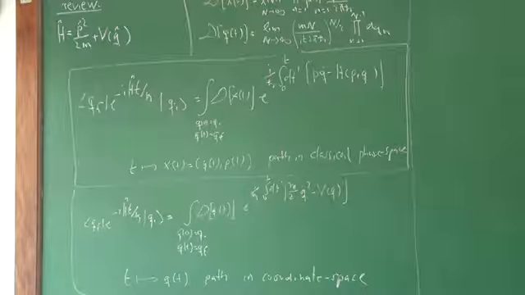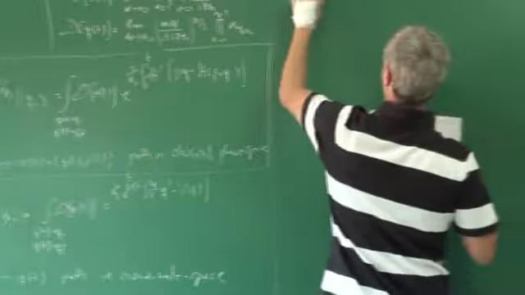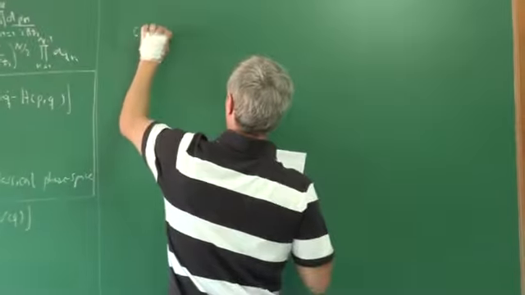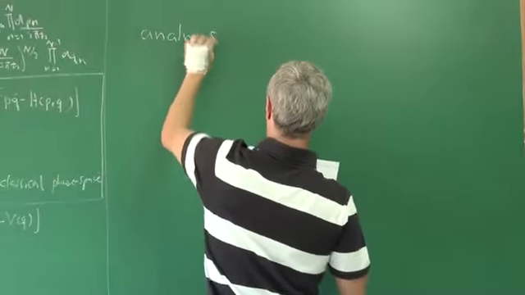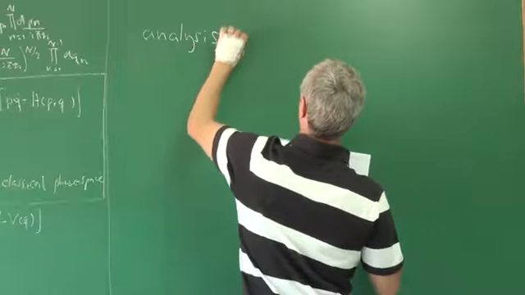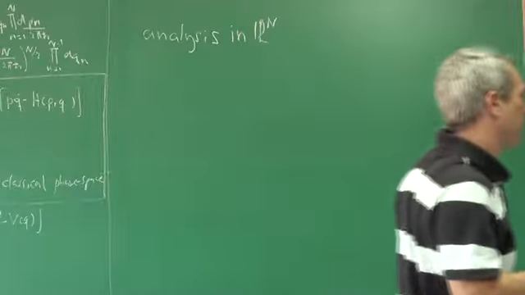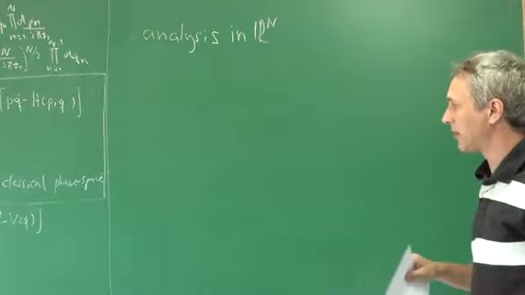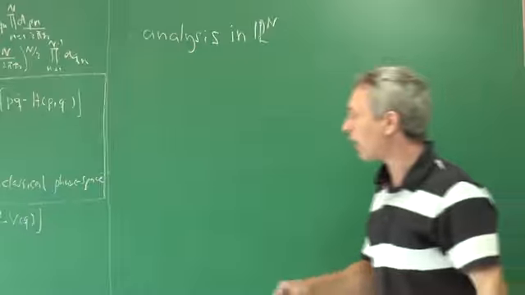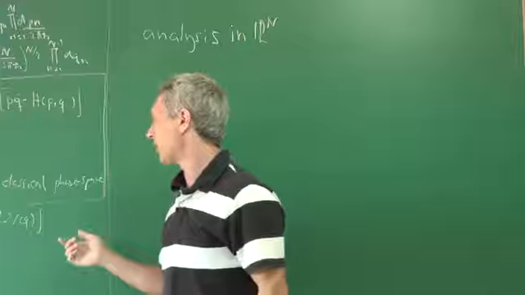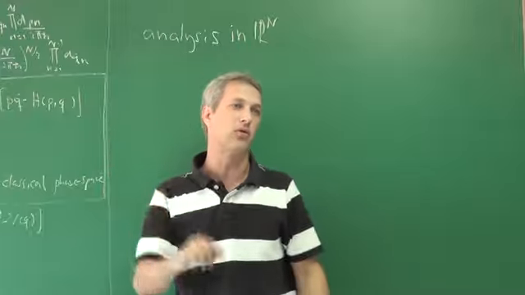And I just make a very superficial dictionary here. If you're not that interested in mathematical details, then to understand what is going on, you can always go back to the discretized version.